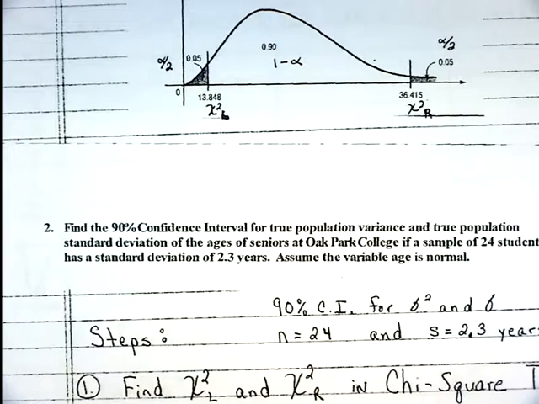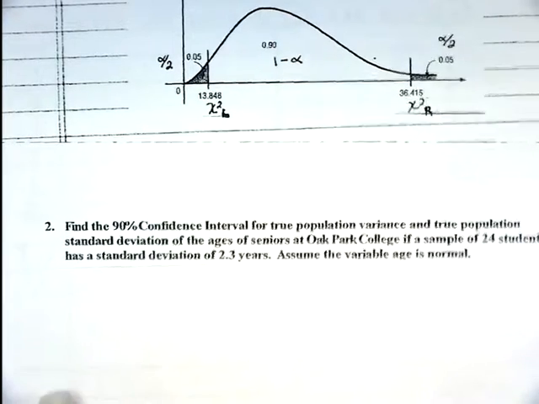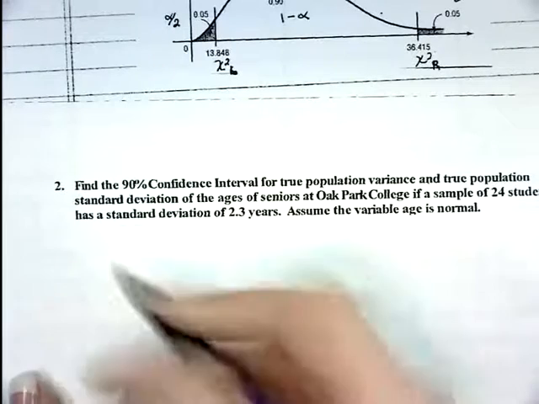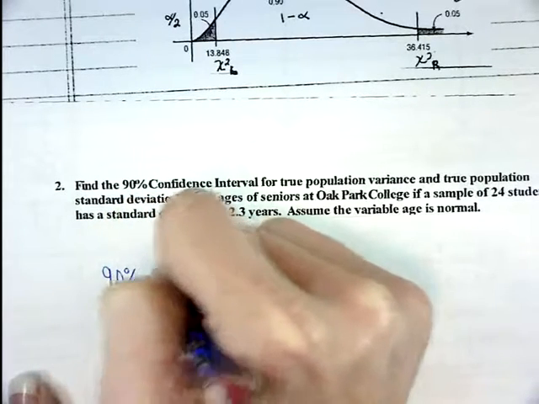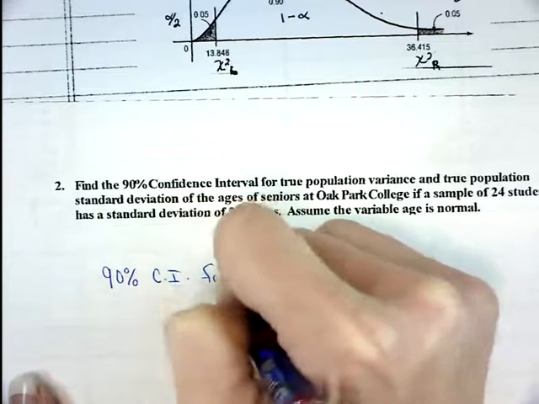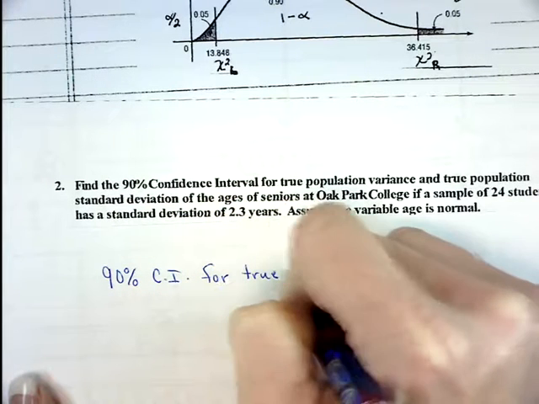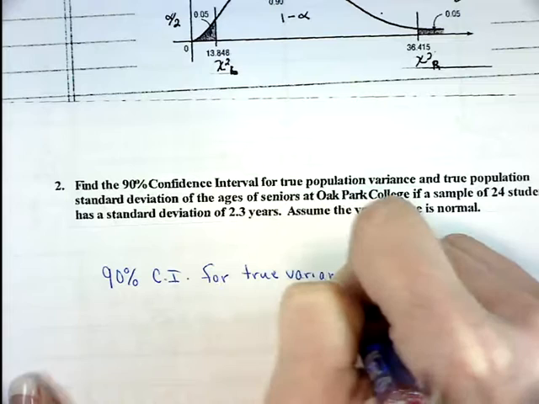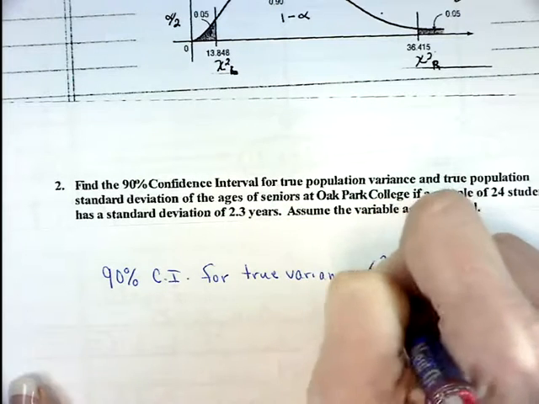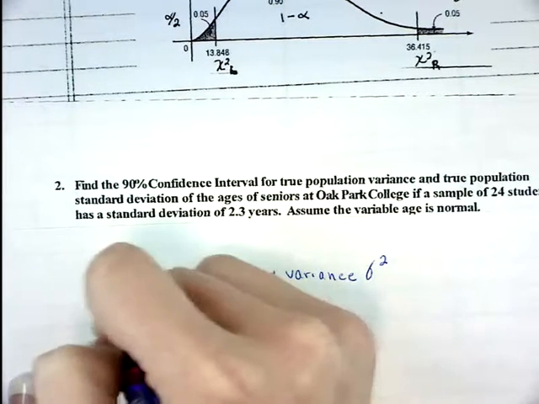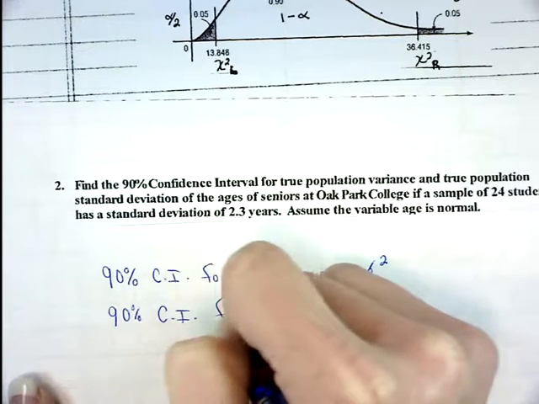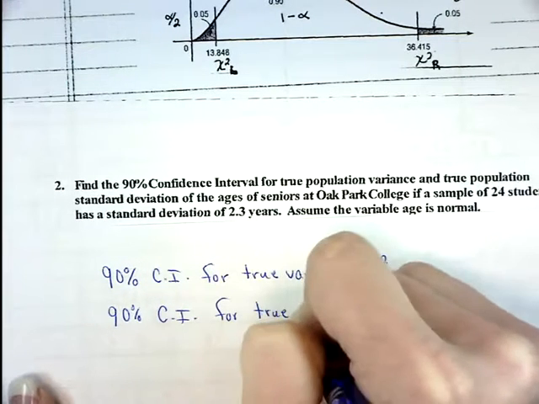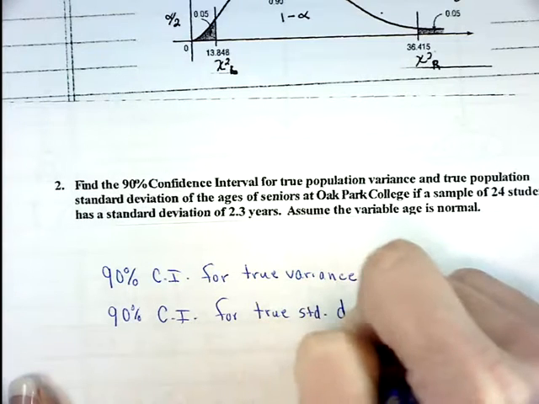And I will write down what's given. We would like to have the 90% confidence interval for true variance, which is sigma squared, and we want to have the 90% confidence interval for true standard deviation, which is just sigma.